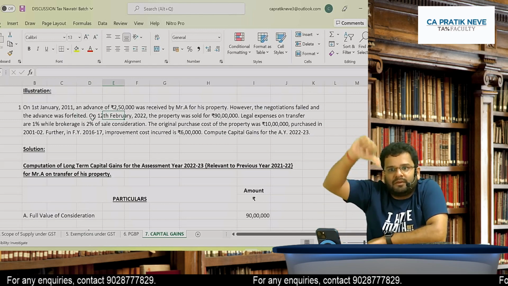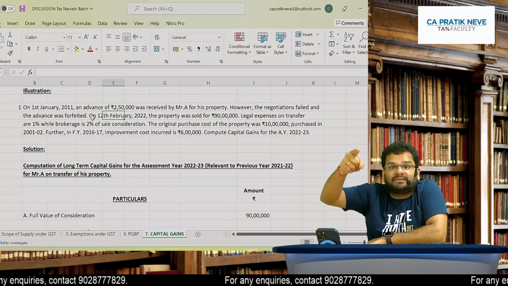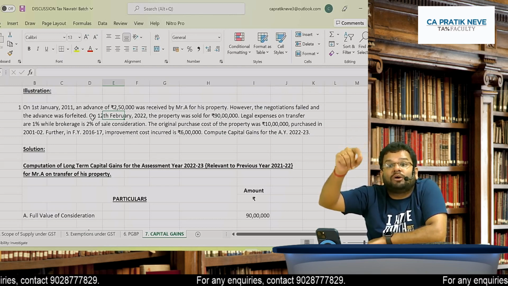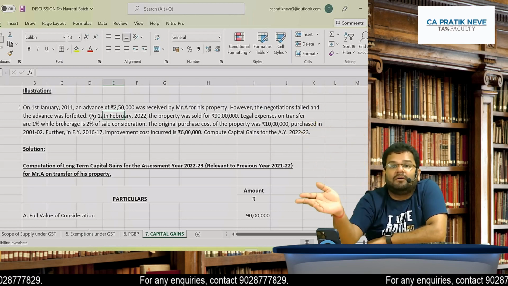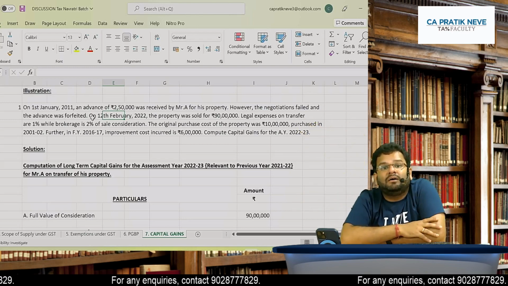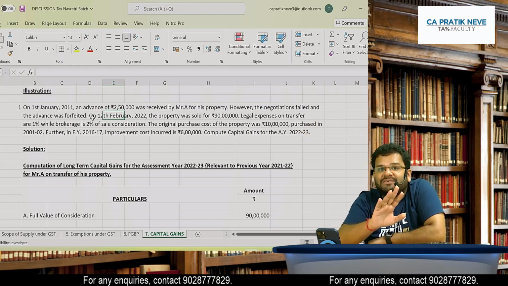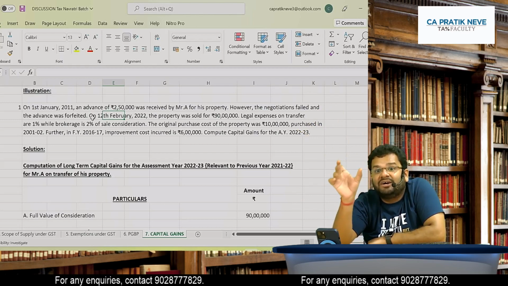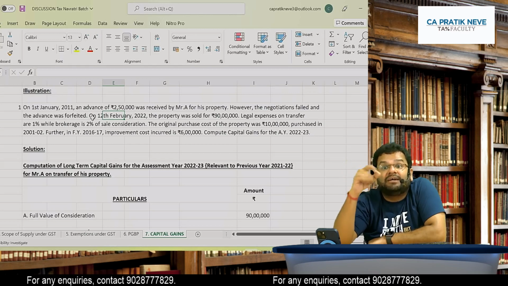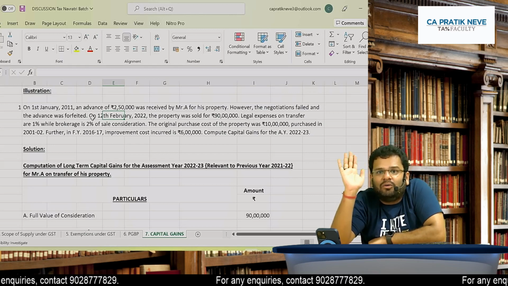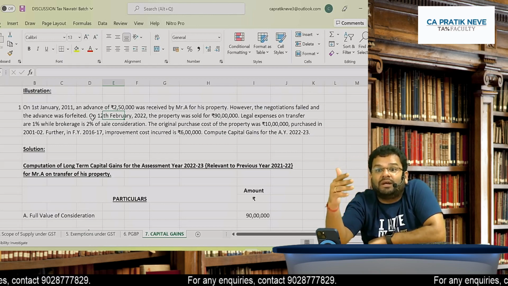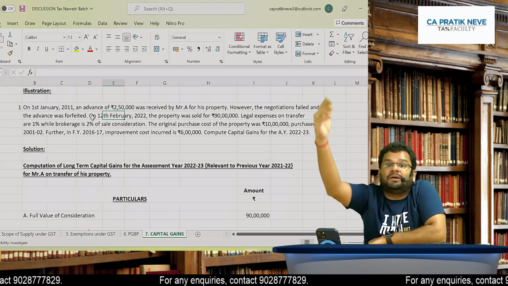No. Because tax is under IOS. That law came from 1st April 2014. If received before that, it was not taxed under IOS. So friends, your 2.5 lakhs is yet waiting to be taxed. Is it taxed till now? No, it is waiting. When will the property be sold?